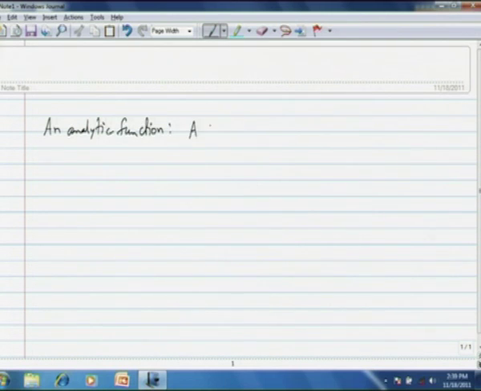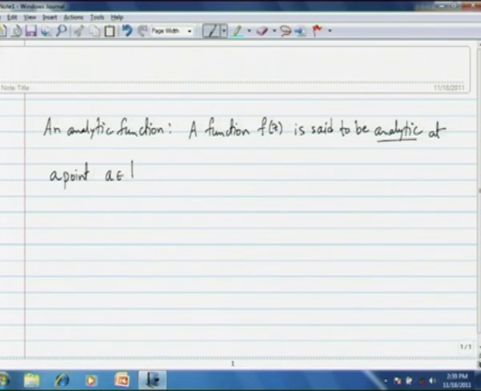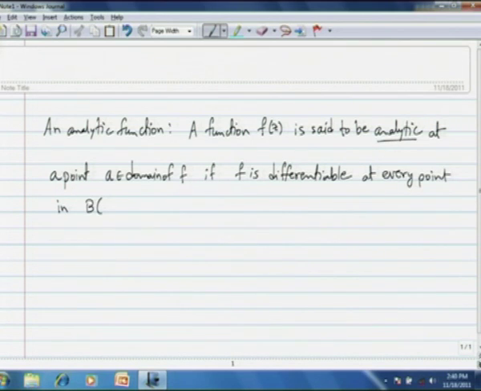A function f of z, essentially defined on a subset of complex numbers, is said to be analytic at a point a belonging to the domain of f if f is differentiable at every point in B(a, r).